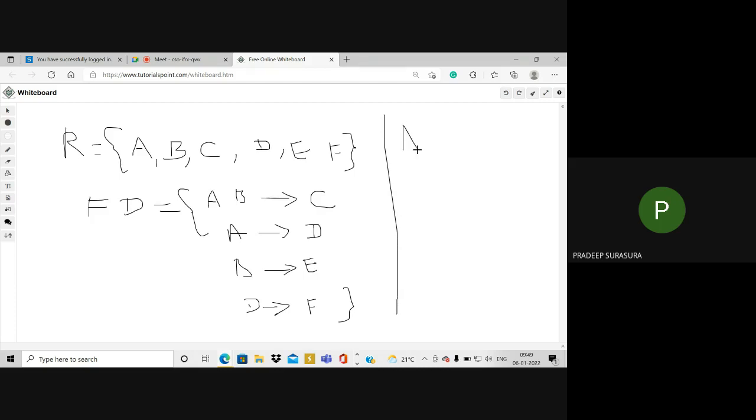When you observe, you will come to know the key is AB.